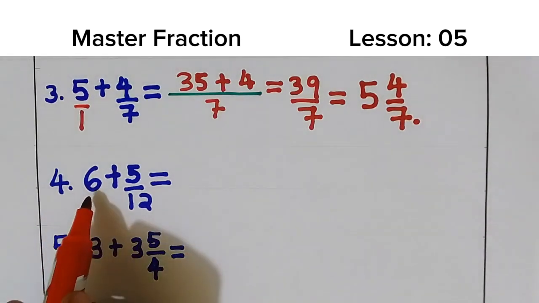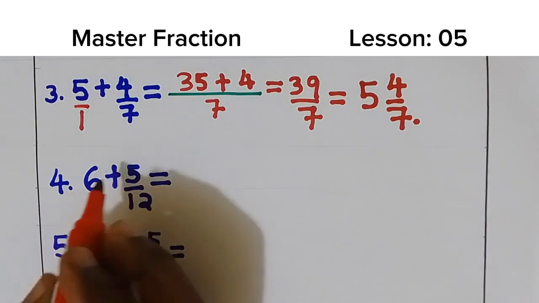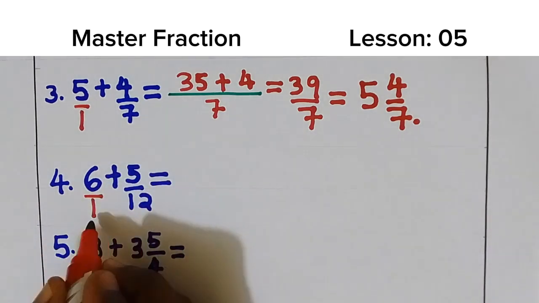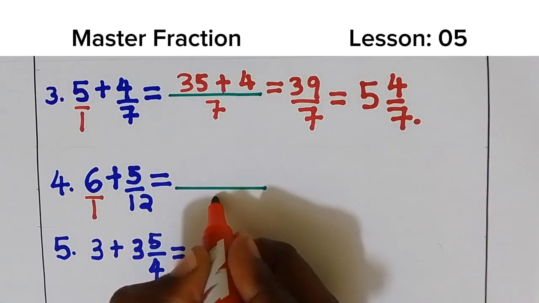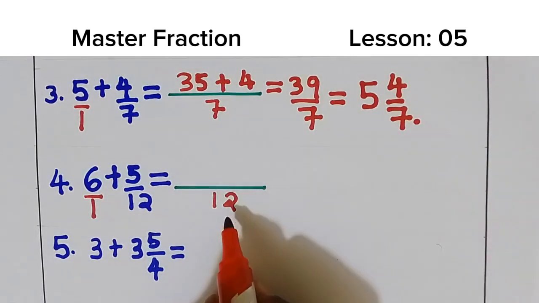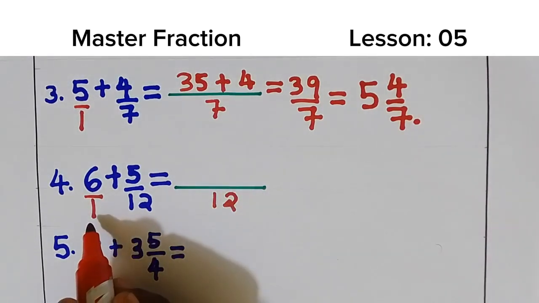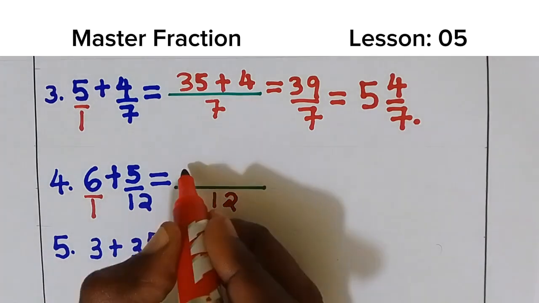Let's do question number 4. We are going to change this whole number here into fraction by put over 1. Then we are going to find the LCM of 1 and 12, which is going to be 12. 12 divided by 1 is 12. 12 multiplied by 6, we get 72.